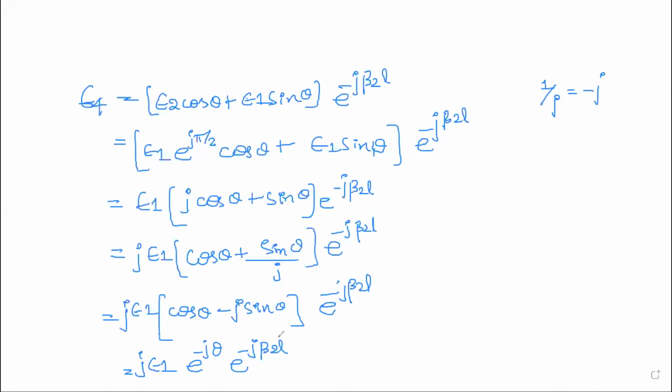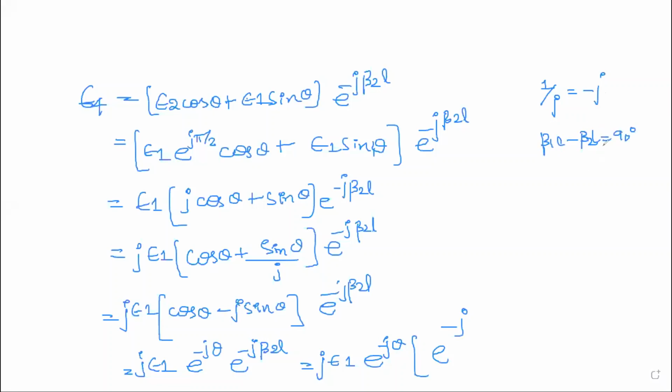Now, this is the perpendicular component, so beta 2 has to be changed to beta 1 so that the equations are easy to solve. So I'll write e to the power minus j theta, e to the power minus j, beta 1 L minus beta 2 L is equal to 90 degree.